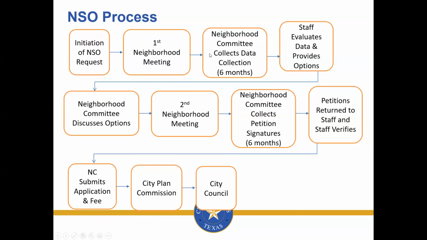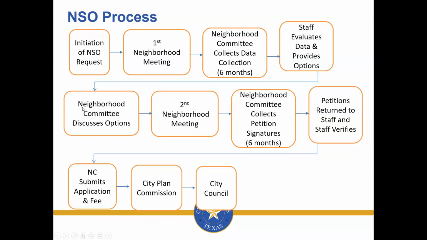Then next thing is, once we have that community meeting, then the neighborhood committee, which is you all, will collect the data, and it typically takes about 6 months. That is the time that we allow for such large neighborhoods. And then once that data is collected, staff will evaluate that data and provide some options.